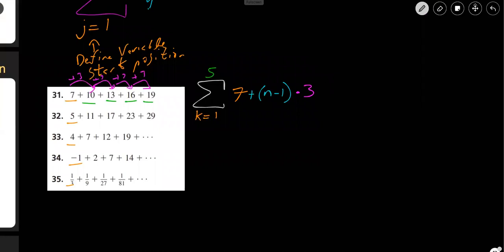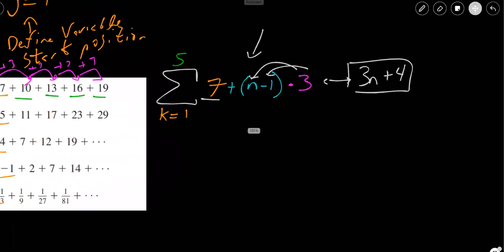I can simplify that. This is going to be 3n minus 3. So I could rewrite this. These are equivalent, or they can be interchanged, I should say. 3 times n is going to be 3n. Then I've got 7, and 3 times negative 1 is minus 3. So 7 minus 3 is going to be 4. So my rule could just be 3n plus 4, which is definitely cleaner looking than the first rule. But either one will work.